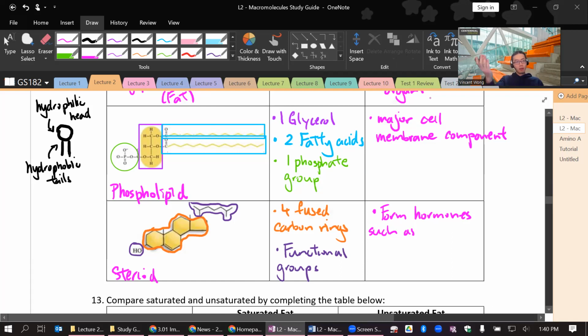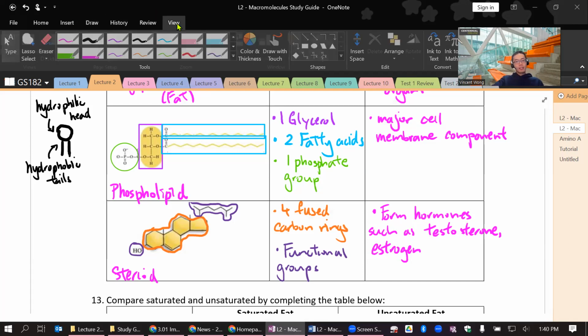What's the main male hormone? Anybody know? Starts with a T. Testosterone. Yeah, that's right. And for female, it is estrogen, right? Estrogen, progesterone, right? These are all steroid hormones. Okay. So there you have it.